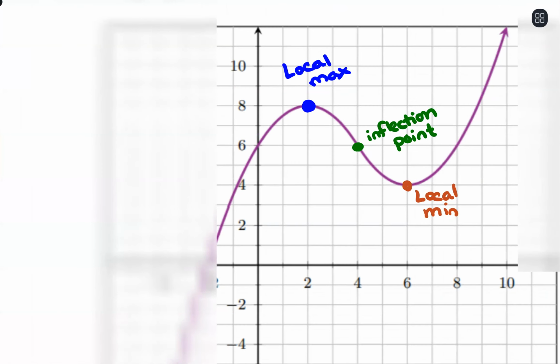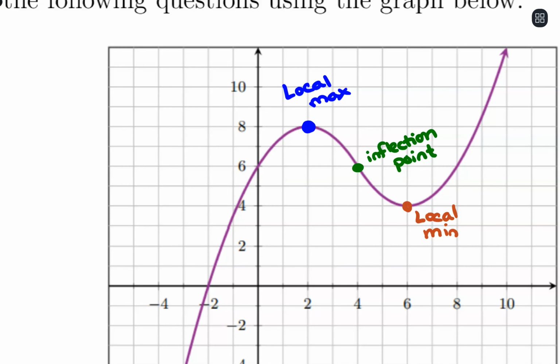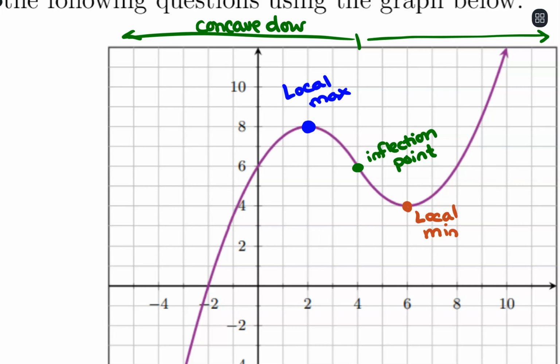So this inflection point is going to separate where our function is concave up and concave down. So to the left of x equals 4, that's where our function was concave down. And to the right is concave up.